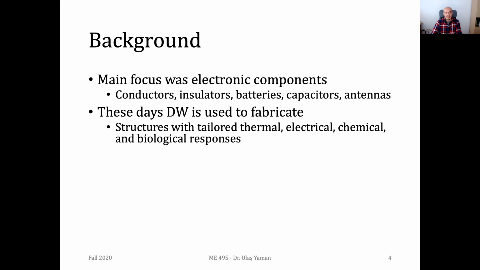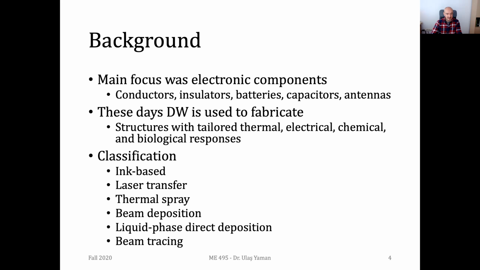But these days, we try to use these direct write technologies for special purposes, for thermal applications, chemical applications, and even biological applications. And we have 6 types of it. We have direct write technologies based on ink, where we use simple ink material.